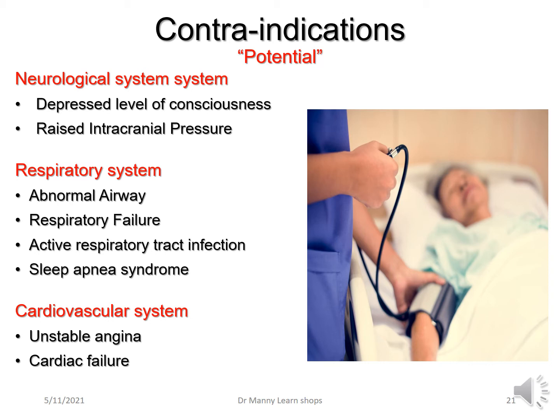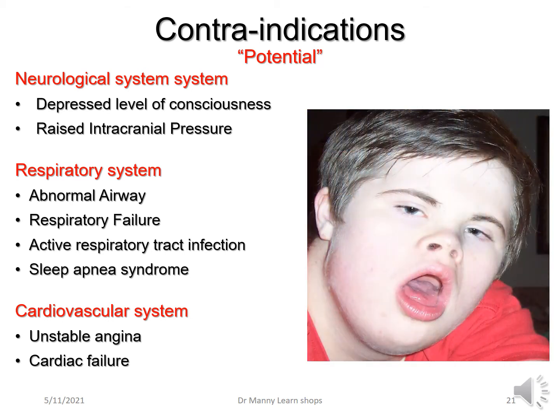Some of them could be relative contraindications, which means someone at a higher authority, maybe an anesthesiologist, will make a decision about whether to proceed. Down syndrome patients could have an abnormal airway. Macroglossia, a huge tongue. They can't visualize the vocal cords. Intubation might be a problem if required in an emergency situation.